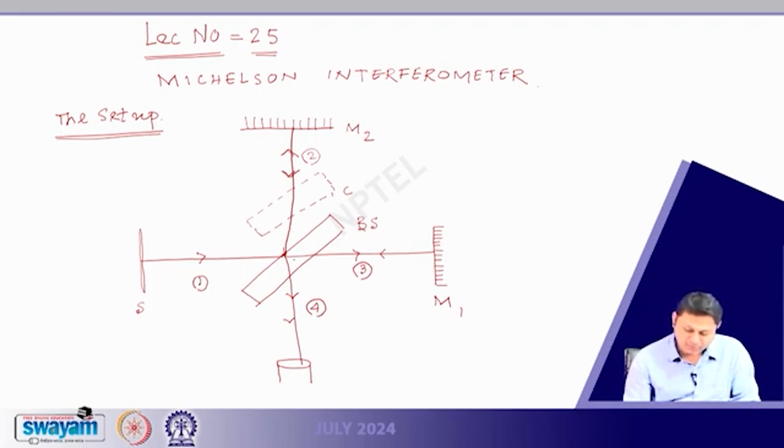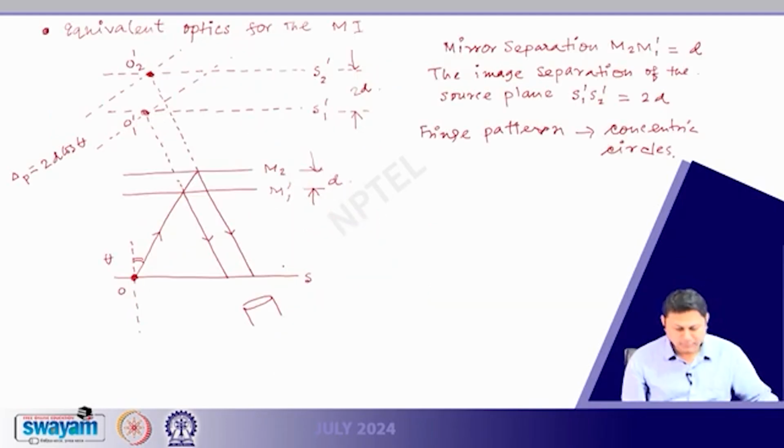In the other case, however, it is reflected from the back surface. In that case, the reflection is from a lower refractive index to a higher one, this side is a lower refractive index and this side is a higher refractive index. So, that means due to this we need to have an additional path difference, and that will give us the net path difference.